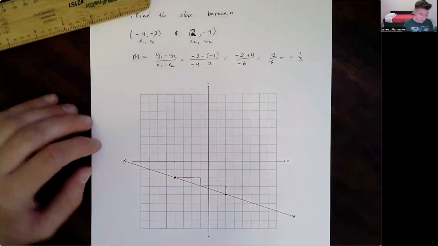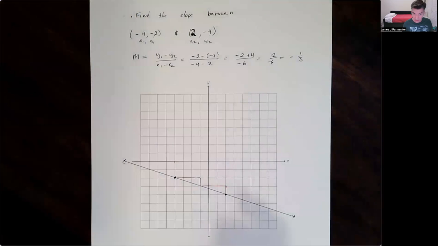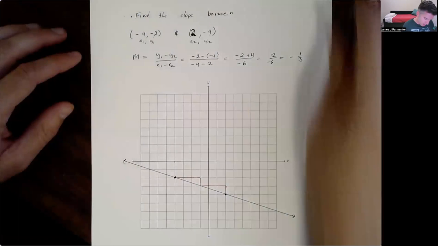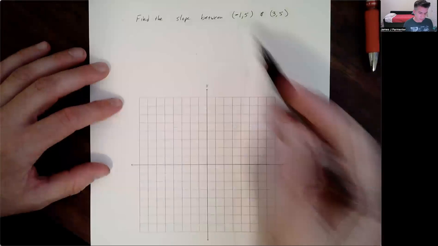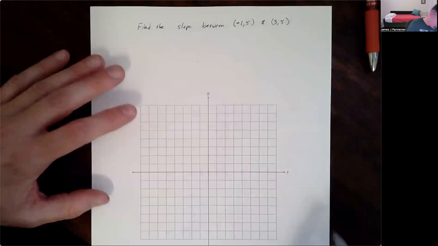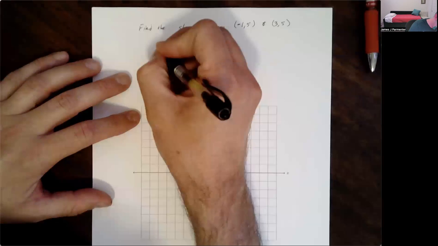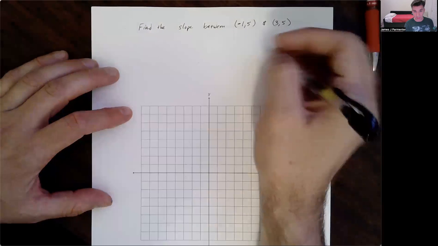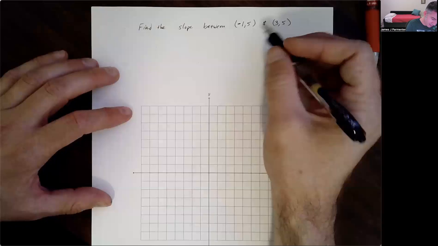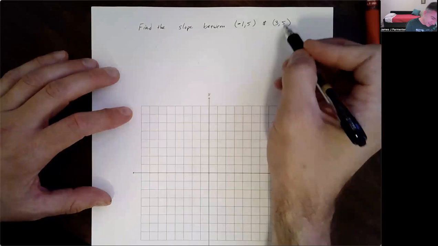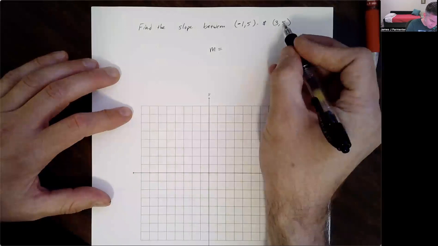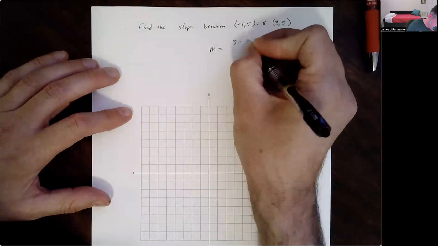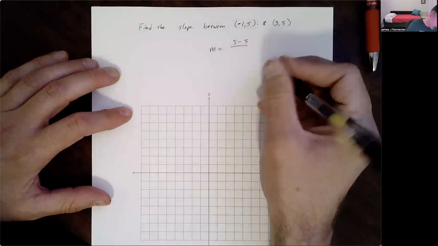All right, let's do a couple more because there's a couple special cases that we want to look at. I want to find the slope between negative 1, 5 and 3, 5. Let's just calculate it. You don't have to label these as long as you're careful. If I'm doing these ones minus these ones, then my slope is y minus y, so 5 minus 5, over 3 minus negative 1.